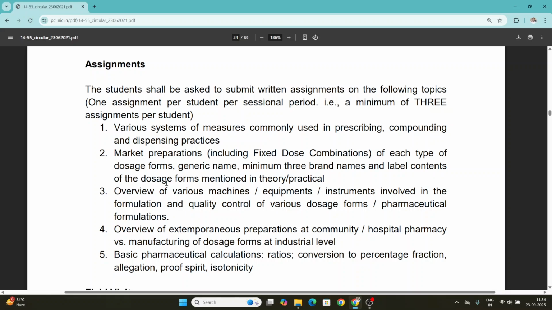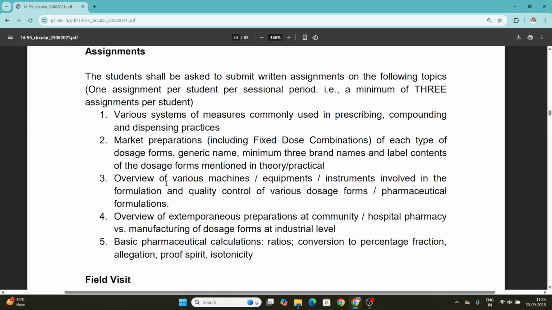Market preparations including fixed dose combinations, each type of dosage forms, generic name, minimum 3 brand names and label contents of the dosage forms mentioned in the theory practical. This assignment will definitely give real life insights into this pharmacy profession.